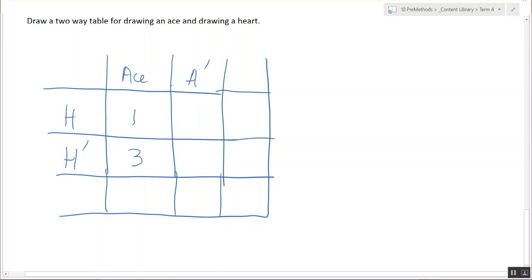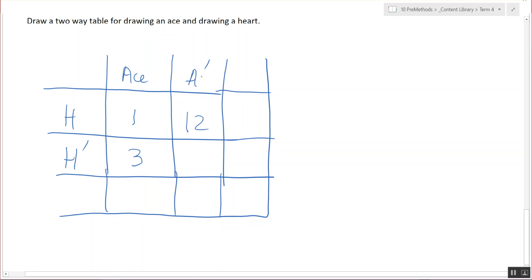How many cards are a heart but not an ace? Yep, there's 13 hearts, 12 of them are not aces. How many cards are not an ace and not a heart? So there's four aces. Yeah, I didn't write the lines outside yet.